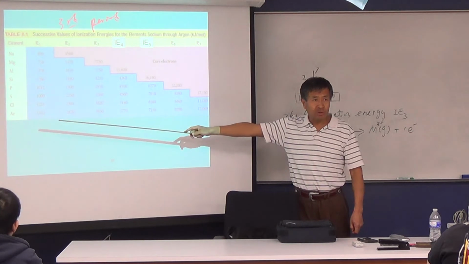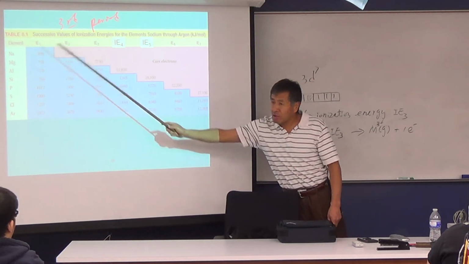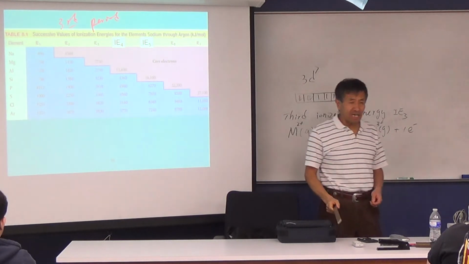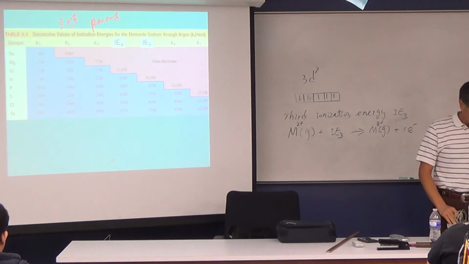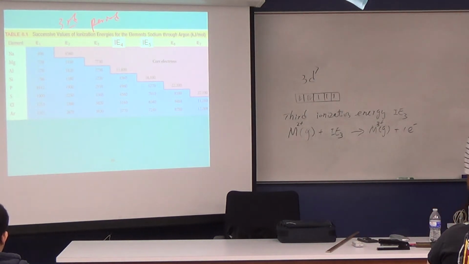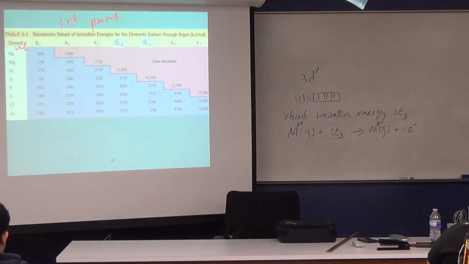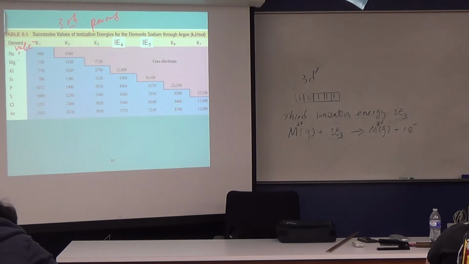Okay, how many valence electrons does aluminum have? Now you can make a list of valence electrons. You understand? For Na it is 1, for Mg it is 2, for aluminum it is 3, then 4, 5, 6, 7, and 8.